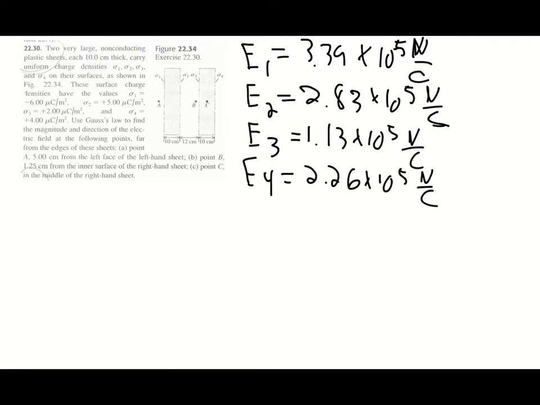So I rewrote all of them up there after we've done our work. And I want to remind you again that our electric fields go like this. The surface on the left has an electric field that points inward because it's negative. The one on the right of the same slab is positive, so it's going to have a field that comes out like this.